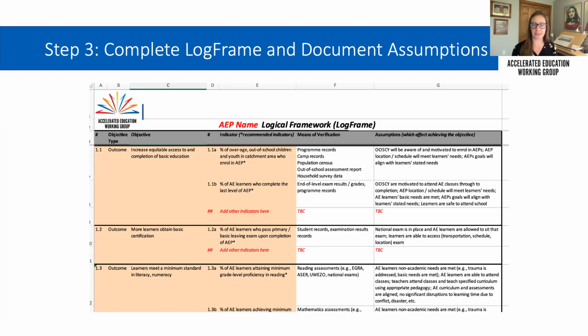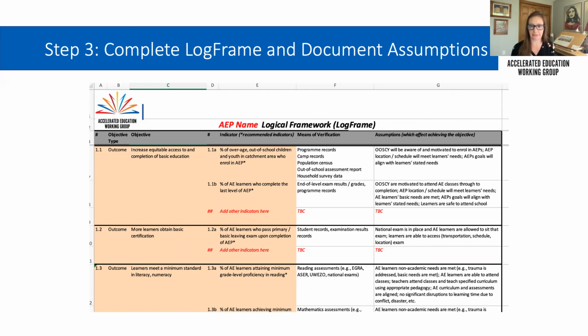Those might be assumptions about what needs to be in place in order for that objective to come true. It might also consider other contextual factors that might prove barriers. And it might also help you to think about how the different objectives are connected, or how lower level objectives need to actually occur in order for your higher level objectives to come true.